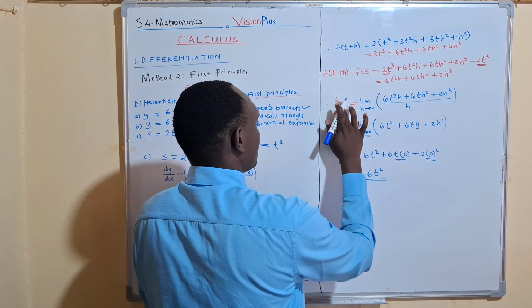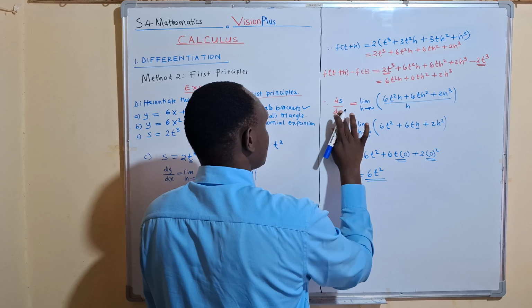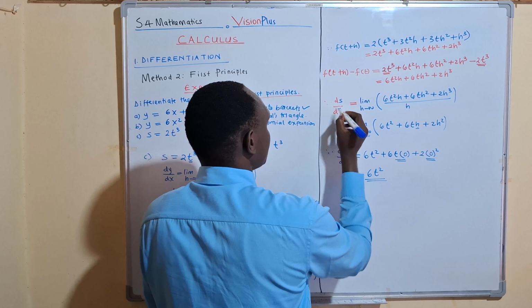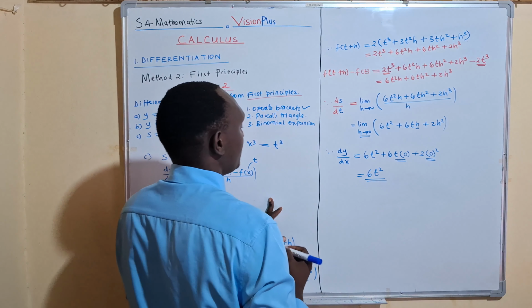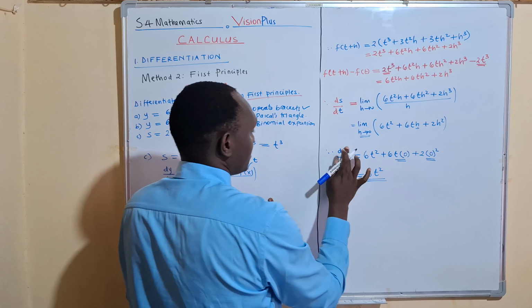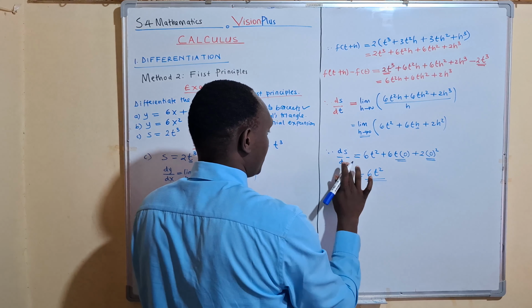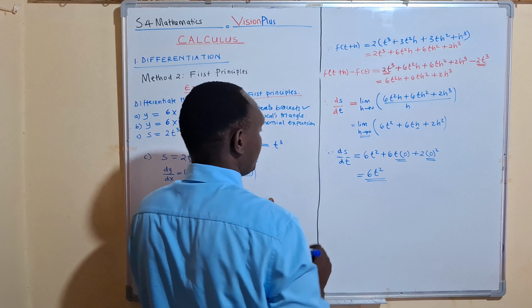So instead here we shall have ds/dt. Please, this is now going to be ds/dt because the function is s in terms of t. Please change that if you noticed it earlier.